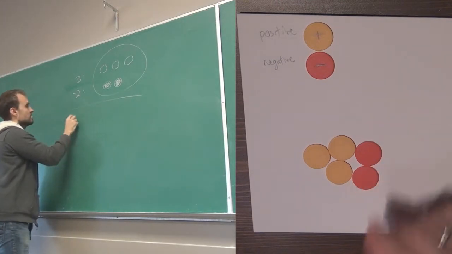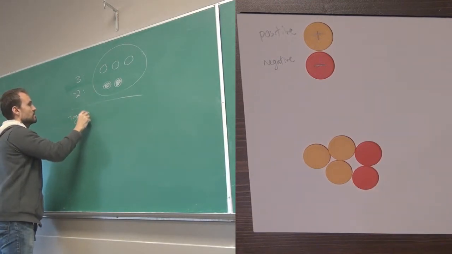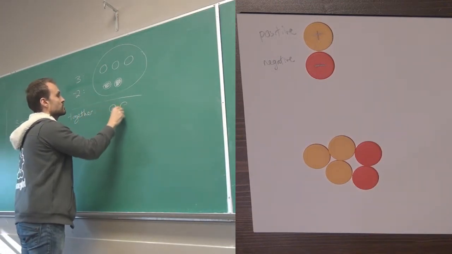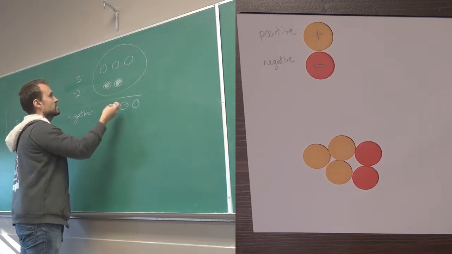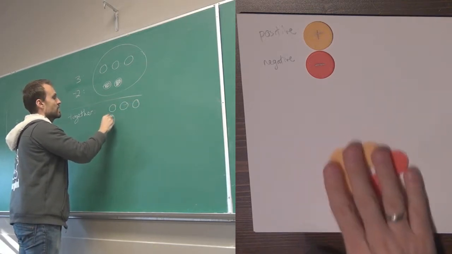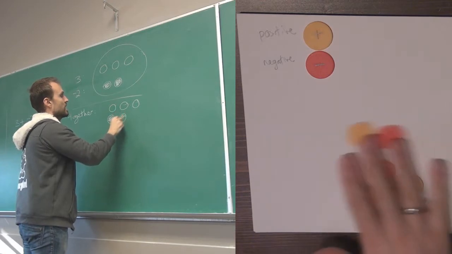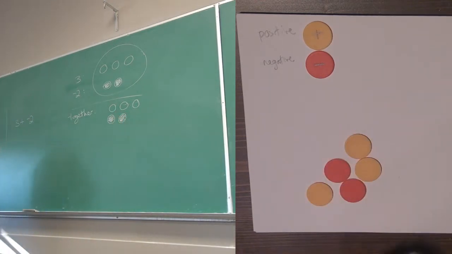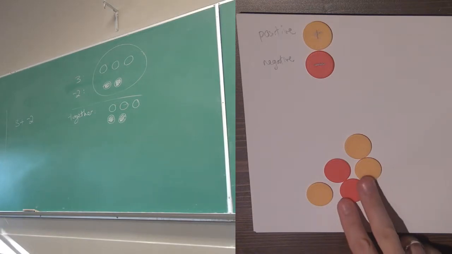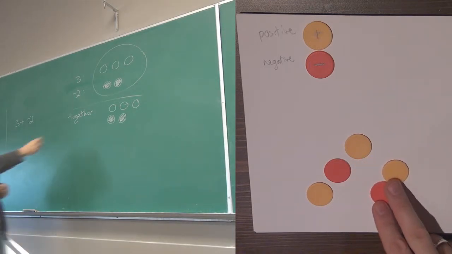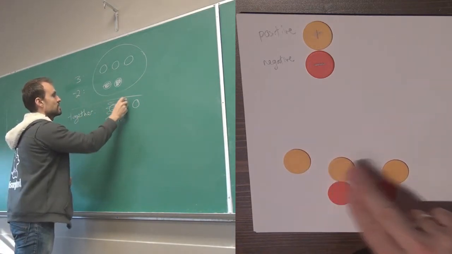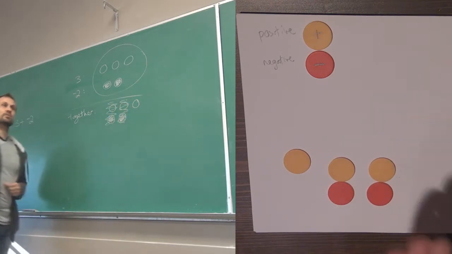So together, I have 1, 2, 3 positive tokens, and I'll just line them up here. A negative token and another negative token. The only key here is that if I have 1 positive and 1 negative token, they cancel each other, and I have only 1 left.